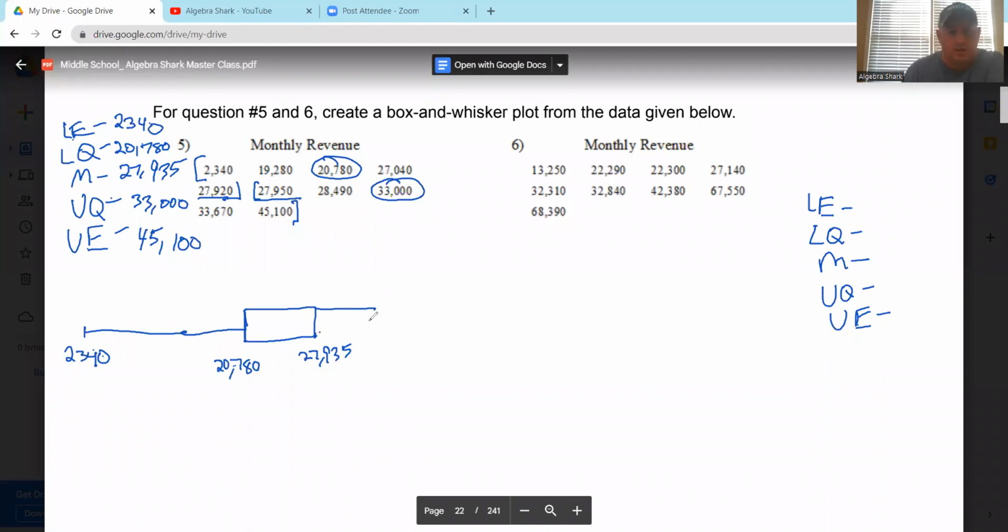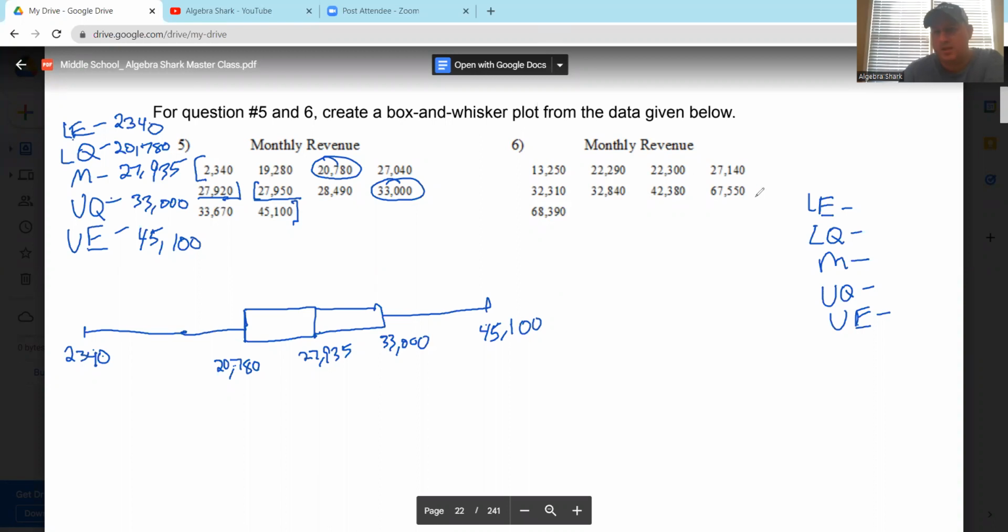The pen does not like me today. So the end of the box would be my upper quartile at 33,000. And then I'm going to have my last whisker at 45,100. All right. So let's put the next one in red.